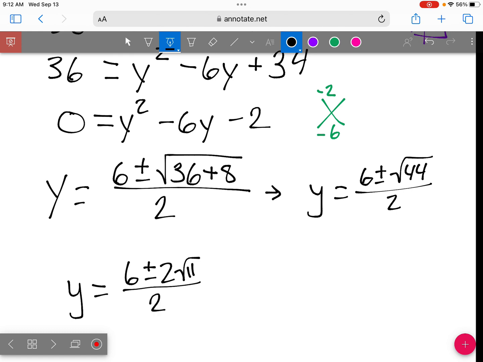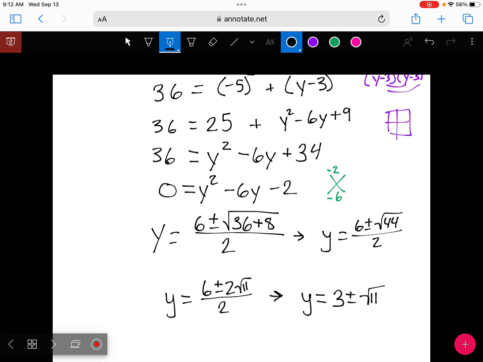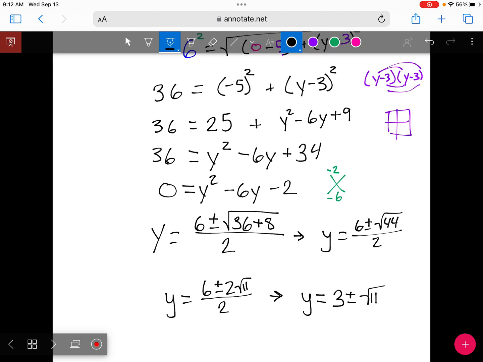Over 2. Can I simplify it further? Yes. Y equals 3 plus or minus square root of 11. Because the 2 cancels out.